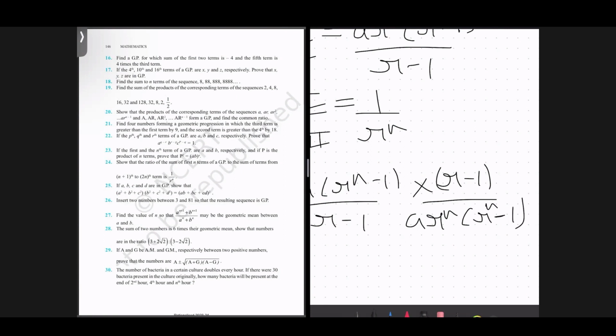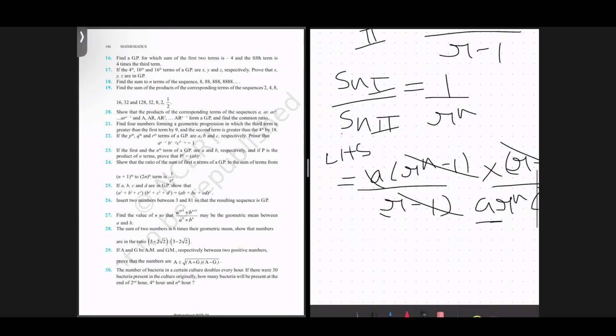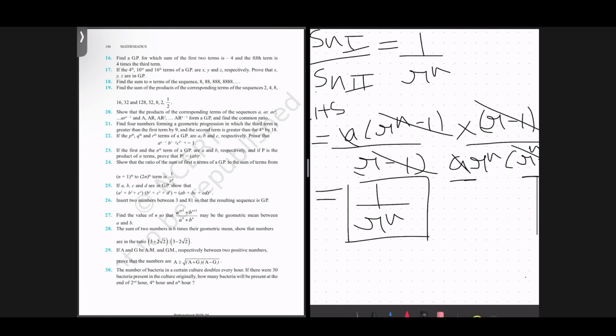Because this is the first term of the second GP, and because it has n terms, this term is right here, and this is here because the common ratio is going to be the same, right? So this gets cancelled, this gets cancelled, a and a get cancelled, and what you're finally left with is 1 upon r raised to the power n, and that is going to be your RHS as well, right? So hence proved, right?